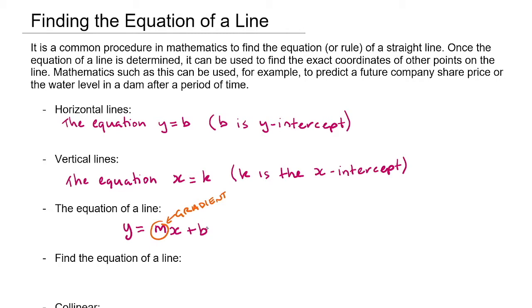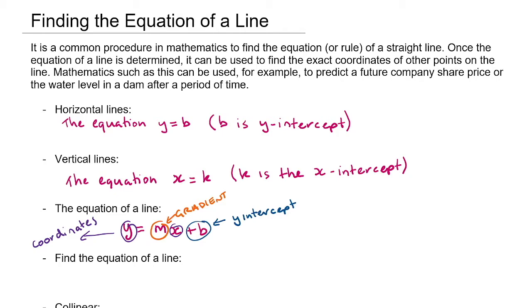The plus b is the y-intercept. And then the x and the y, well, these are our coordinates. So whatever you put in for x, when you work out the gradient and the y-intercept, you can get your coordinates.